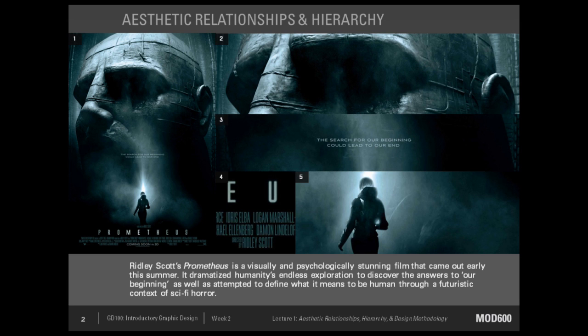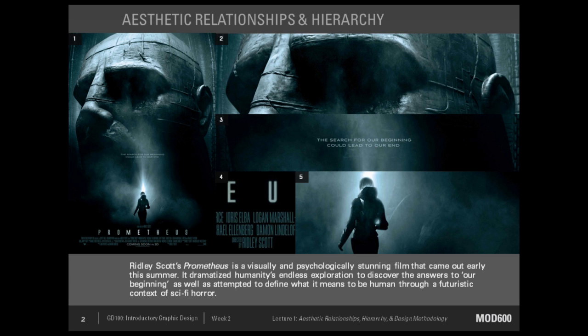But the way these graphic elements are put on the design and the layout of this poster, that's when we get to start talking about hierarchy. So, again, moving on from aesthetic relationships, hierarchy is all about leading the eye to where you want it to go and view the design.